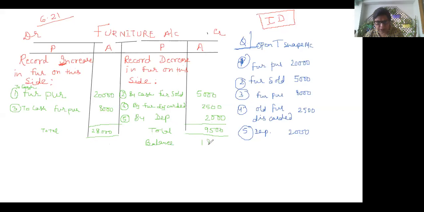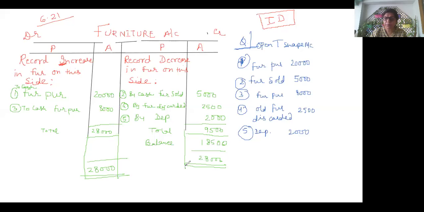The balance is 18,500. Balance is 18,500, and at the end, final total, that is 28,000. This side also, final total 28,000. Final total always ends up with double lines.